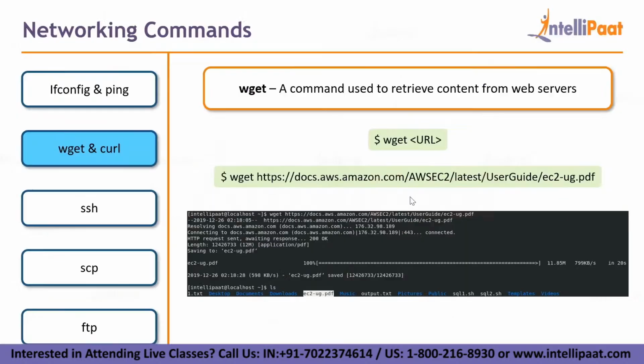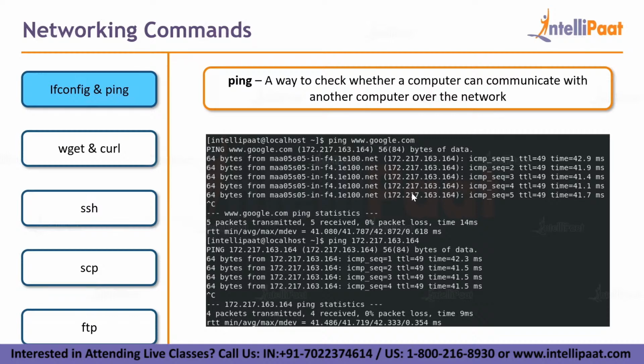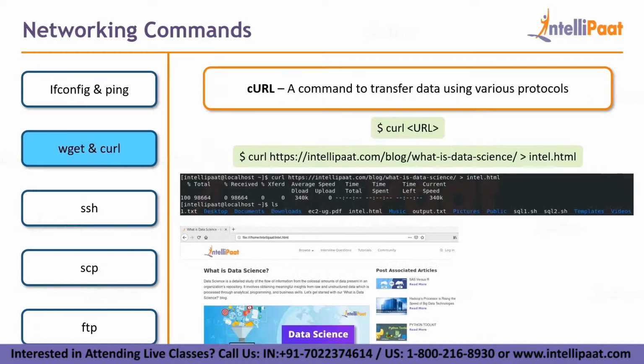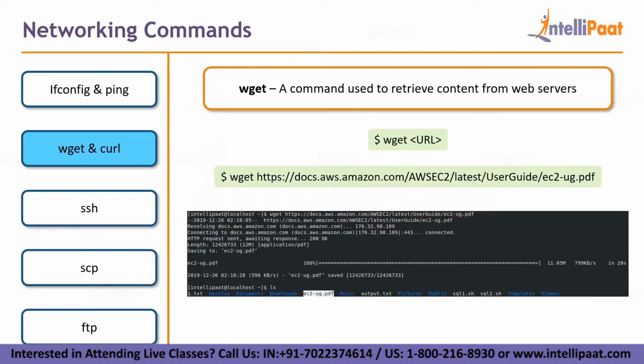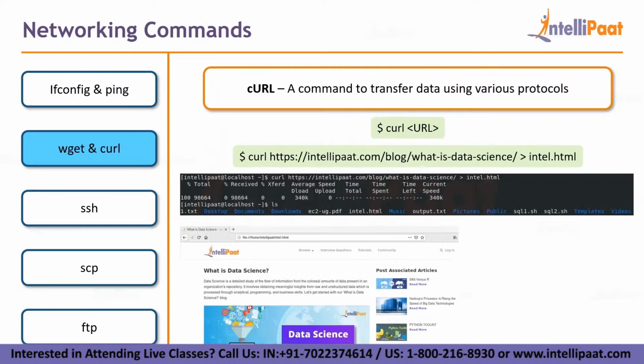So we've seen ifconfig, ping, wget, and curl. ifconfig can be used to configure the networks connected to your particular server, and then ping is a command to check out the communication between yours and another server. wget and curl are commands to download or transfer data. So wget is to retrieve data from web servers. curl is to transfer data using various protocols between servers.